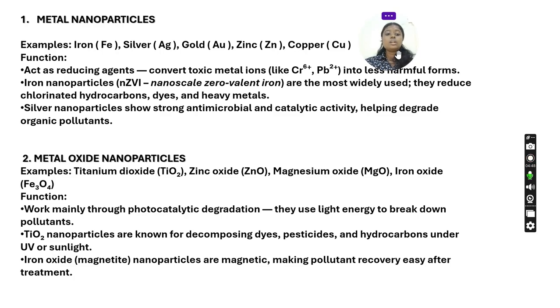So these titanium dioxide are known for decomposing dyes, pesticides and hydrocarbons under ultraviolet sunlight, as we said about the iron nanoparticles. Okay. And iron oxide, they are magnetic, so making pollutant recovery easy after treatment.